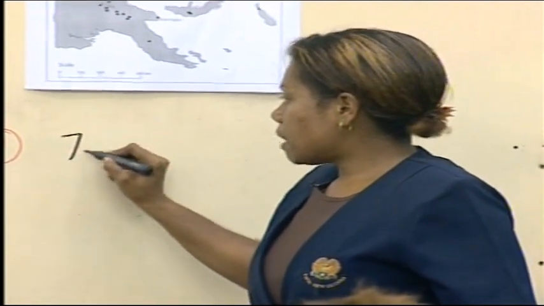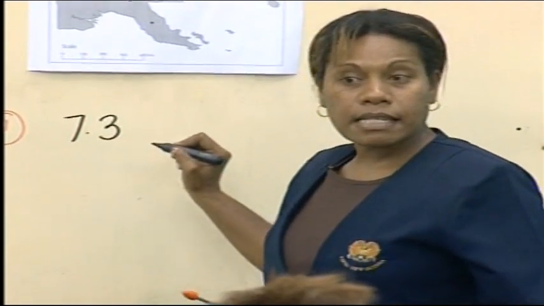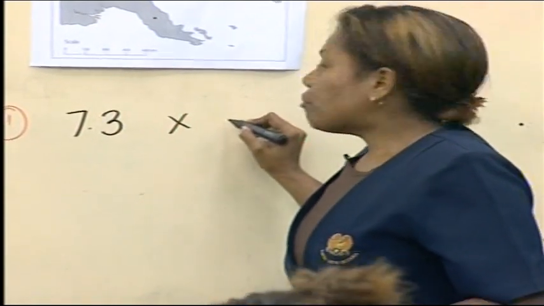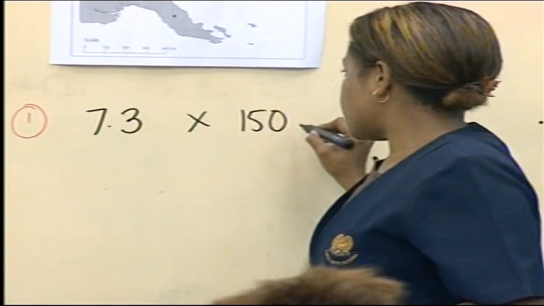You're going to get that distance on the map, 7.3 times 150 kilometers.